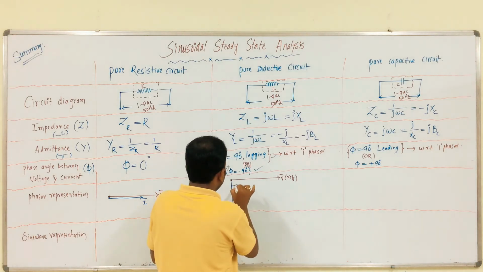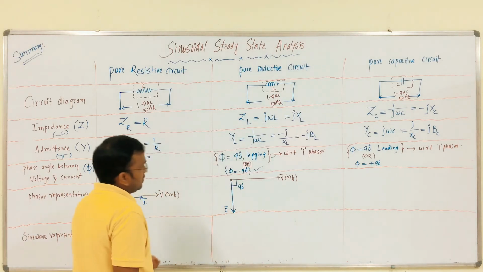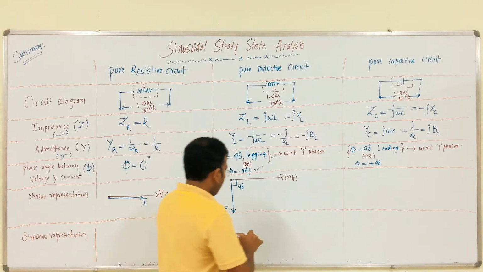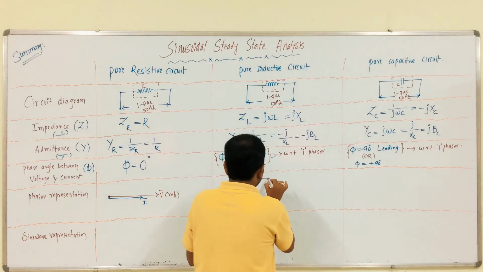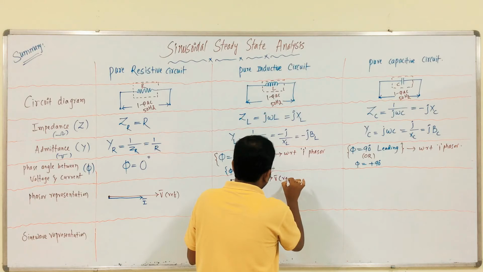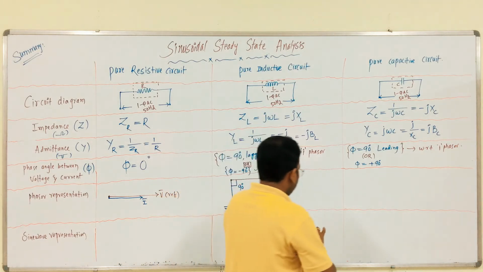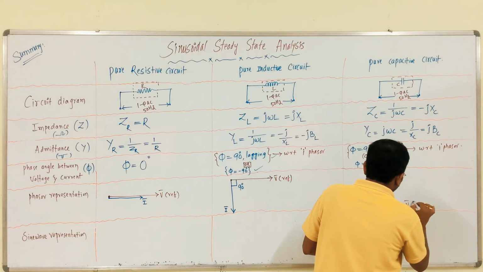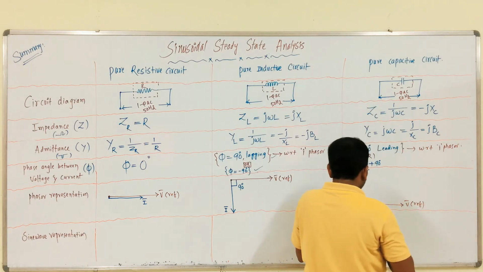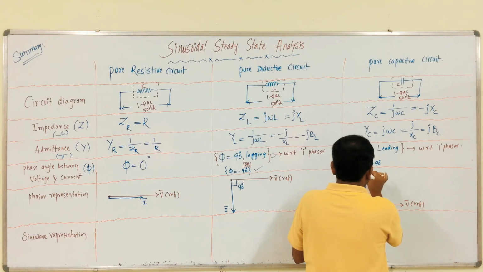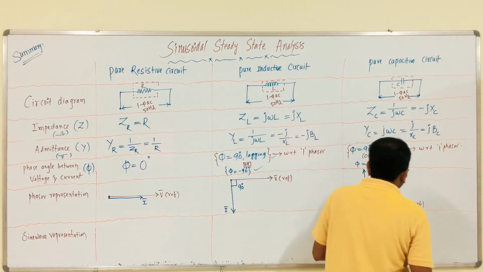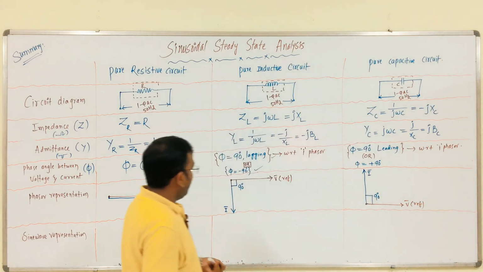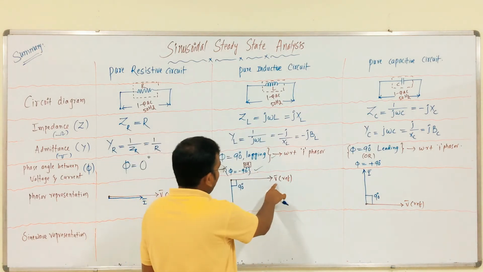The angle between these two is 90 degrees, right? Then for the capacitive circuit, voltage is taken as reference, the current is leading by 90 degrees. Current leads voltage by 90 degrees in the capacitive circuit, and current lags voltage by 90 degrees in the inductive circuit.